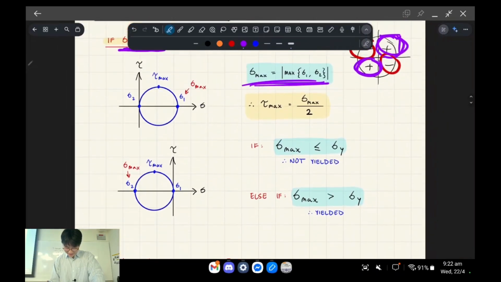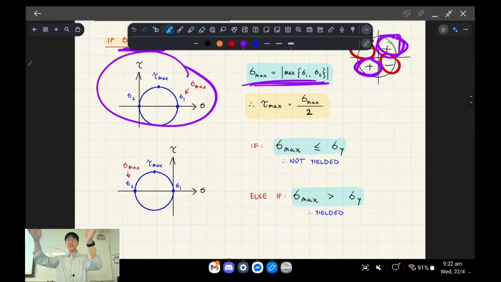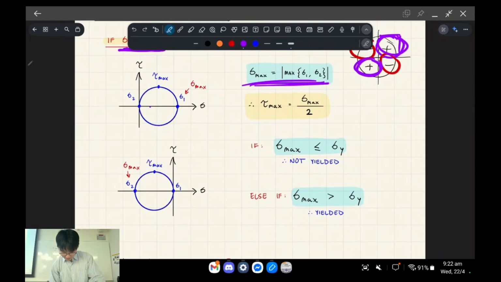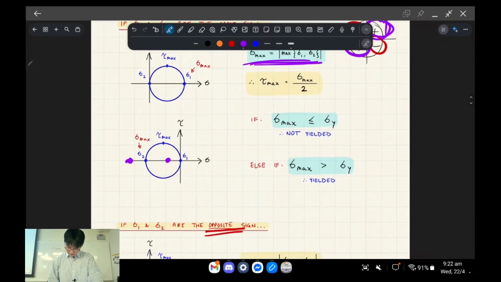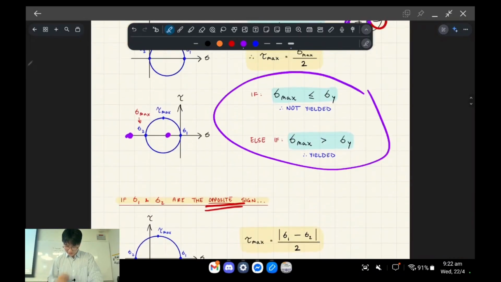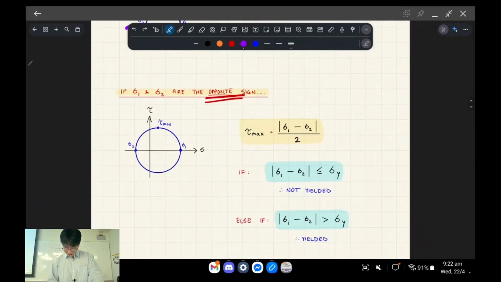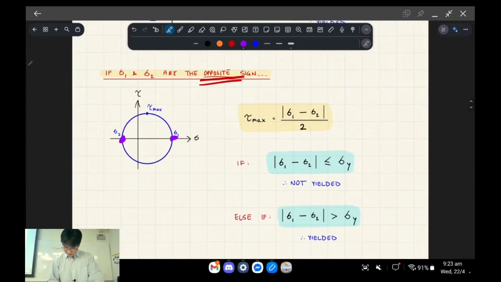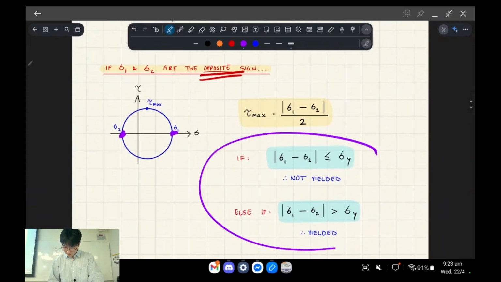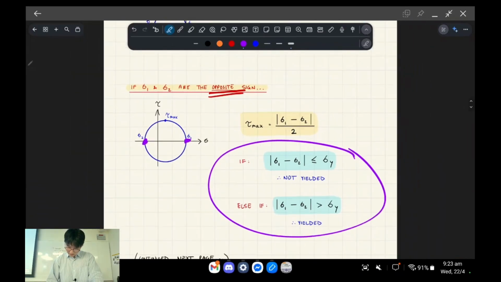Basically on a Mohr's circle, if your principal axes are both to the right or to the left, the same sign, then you use this formula, and you use this check to see if it's yielded. But if they're of opposite signs, so one's to the left and one's to the right of your y-intercept, you use these formulas instead. So that's basically the theory.